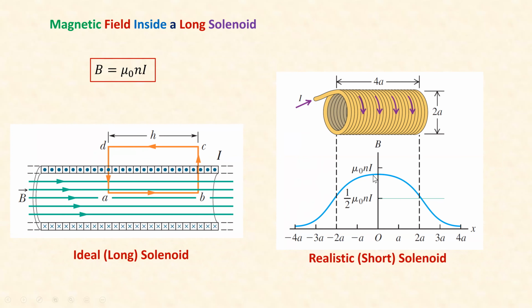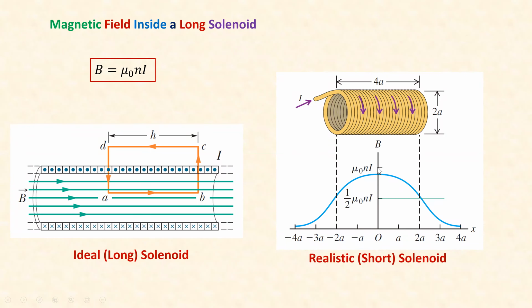In practical situations, you have a short solenoid, and here is the plot of the magnetic field along the axis of the solenoid, and which is at the center.